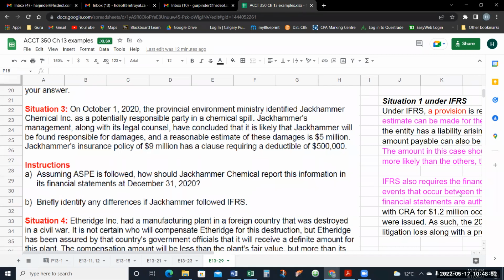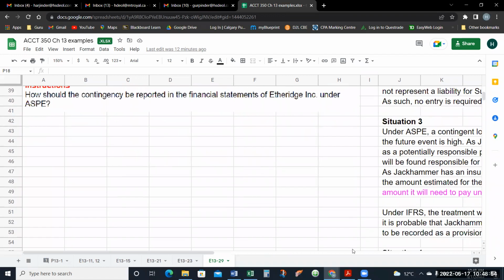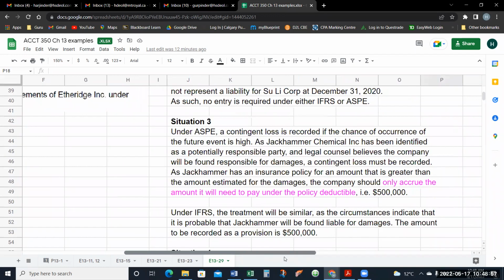So that is basically the situation under situation 3. Again, under ASPE, a contingent loss is recorded if the chance of occurrence of the future event is high. Jackhammer Chemicals has been identified as a potentially responsible party. The lawyers believe the company will be found responsible for damages, so a contingent loss needs to be recorded.